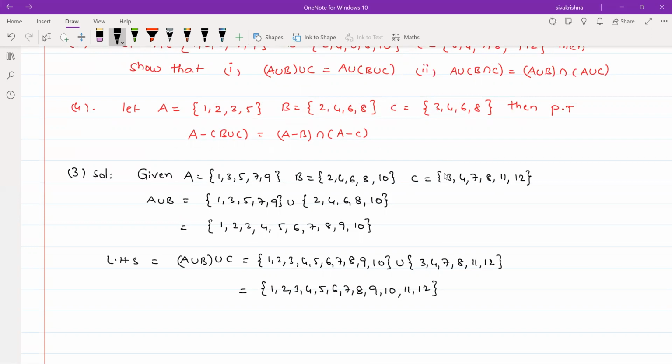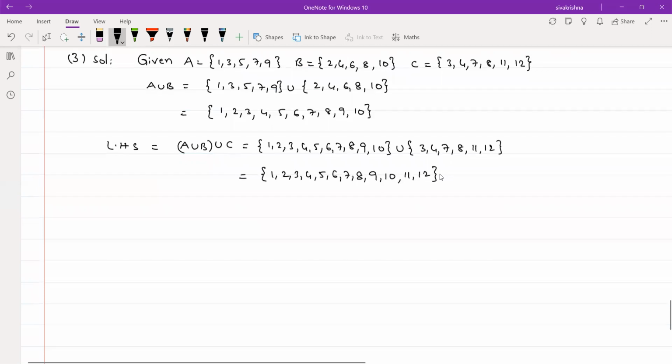Okay, so coming to the RHS, first we have to find B union C. Now B union C is equal to, so we have B as 2, 4, 6, 8, 10 union C is 3, 4, 7, 8, 11, 12.